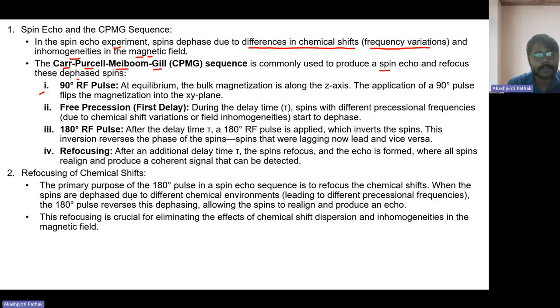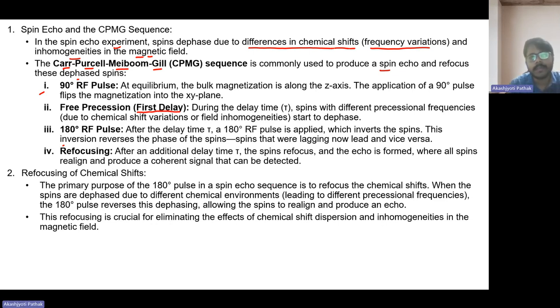And now what will happen? I'll be giving it a delay. I will be stopping the RF pulse for some time duration, and that duration is the delay time, or the first delay, because I'll be giving another delay after the application of the 180-degree RF pulse.